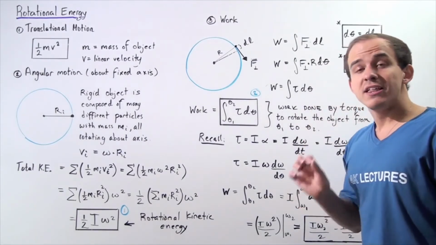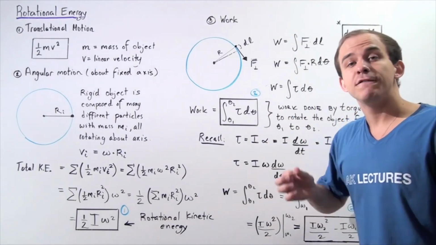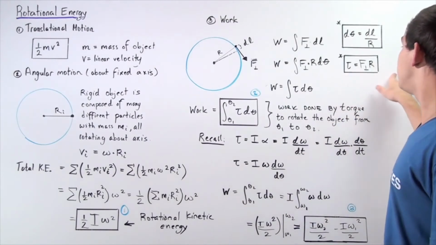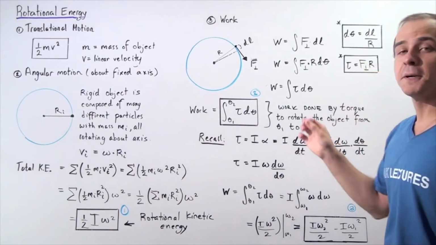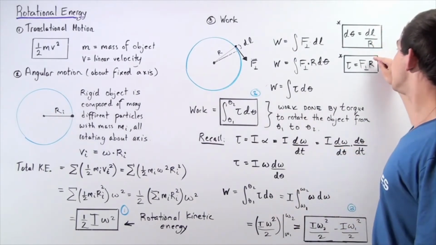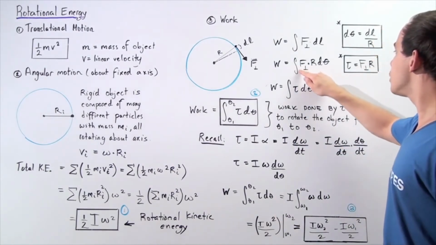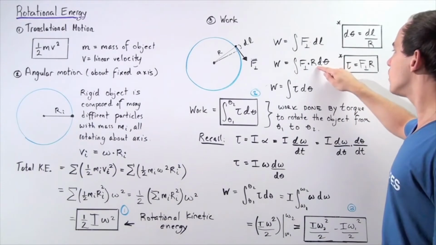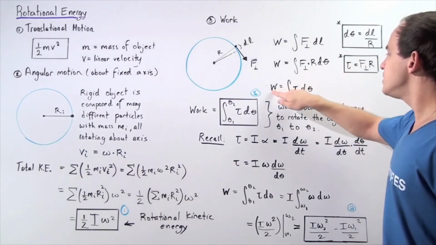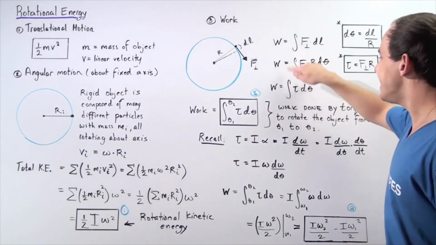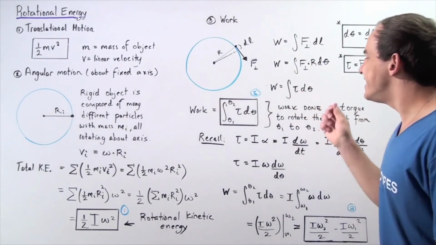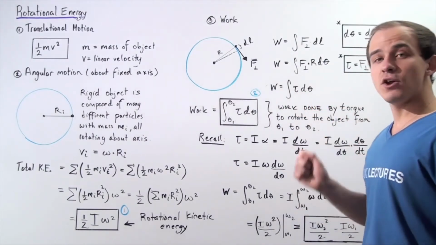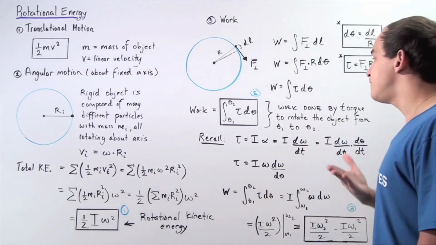And recall that the torque created by a force is given by the following equation. Torque is equal to the force acting perpendicular to the distance r. So we can replace this entire form with simply torque. So we see that work is equal to the integral of torque d theta. Let's suppose its initial angle is theta 1 and its final angle is theta 2.